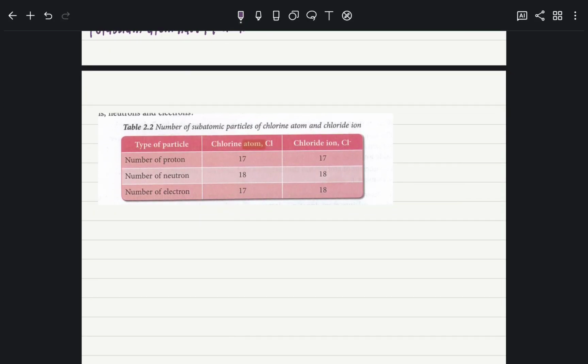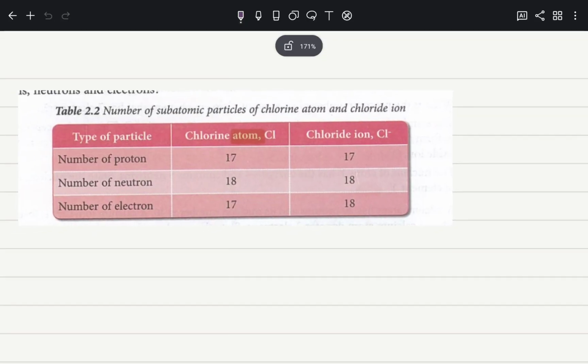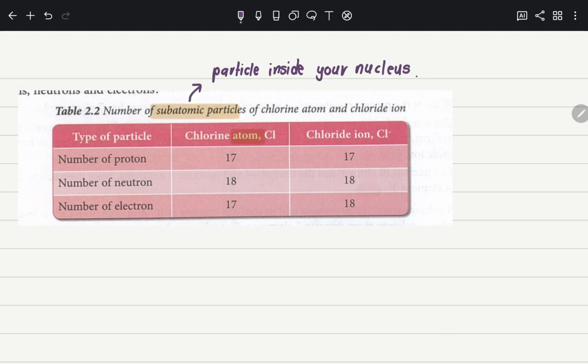Okay, and then there is a table here, table 2.2, number of subatomic particles of chlorine. Subatomic particle means particle inside your nucleus. So actually your electron is not a subatomic particle, but they do mention it here, so we just learn it.